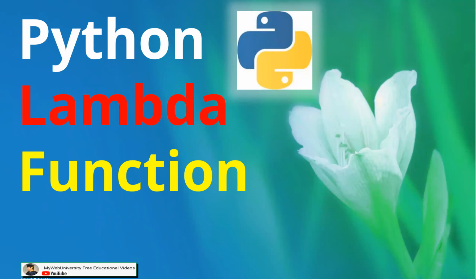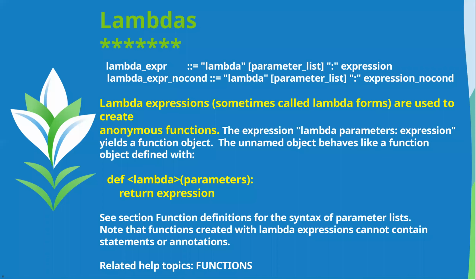So we're going to go through the Lambda function, and a Lambda function, as the help of Python interpreter states, is basically a small function that has no name. It's like an anonymous function, as I put it in yellow here. And then the Lambda function has its own definition.